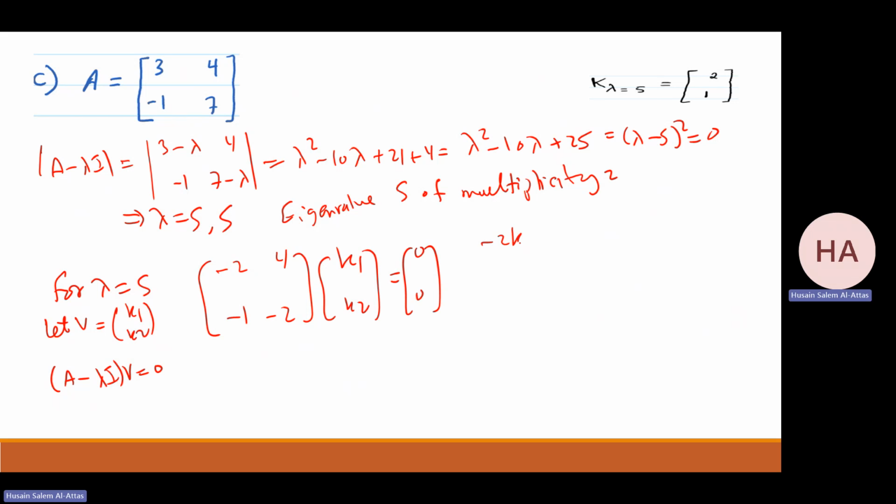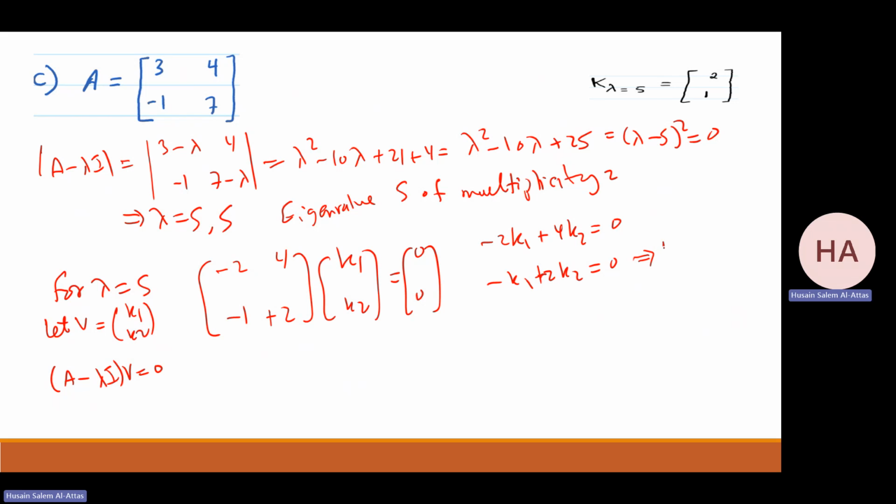For sure, these two equations should be the same. Multiply the second one by 2, I get the first one. Here it should be plus 2, 7 minus 5, that is plus 2. So now they are the same.